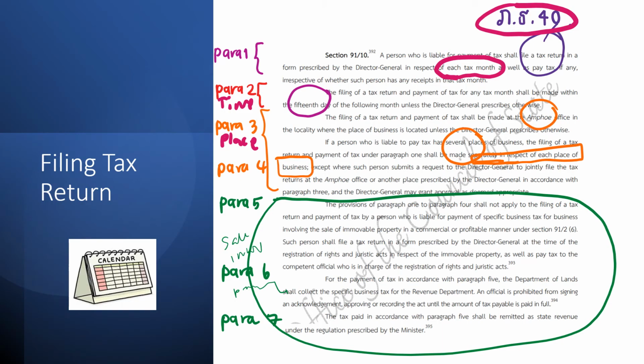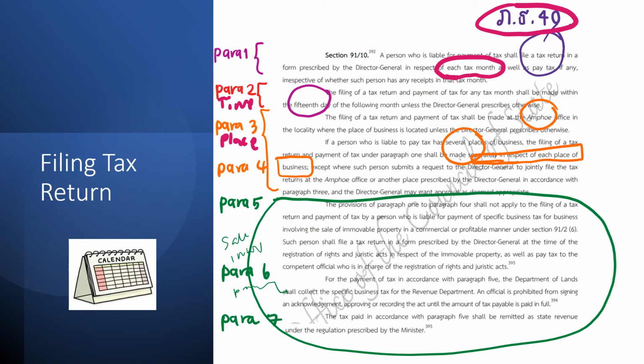And you can look at this provision in section 91/10. The first paragraph of section 91/10 tells you that you need to submit an SPT tax return on a monthly basis, and you need to use Form Por.Por. 40, the tax filing form submitted to the Revenue Department.